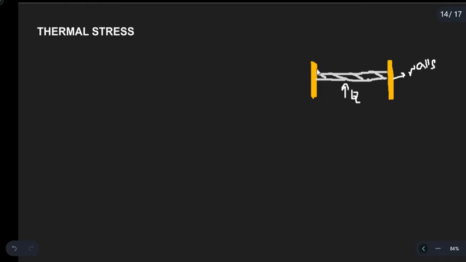But आप यहाँ पे देख पा रहे हो कि there are some constraints that the rod cannot expand freely। So what will happen? There will be an internal stress generated। क्यों internal stress generate होगा?